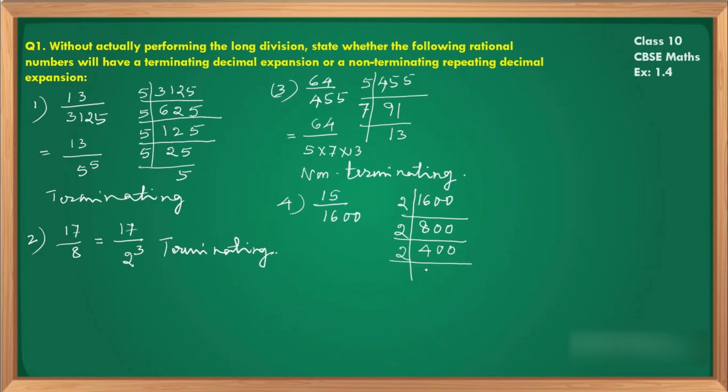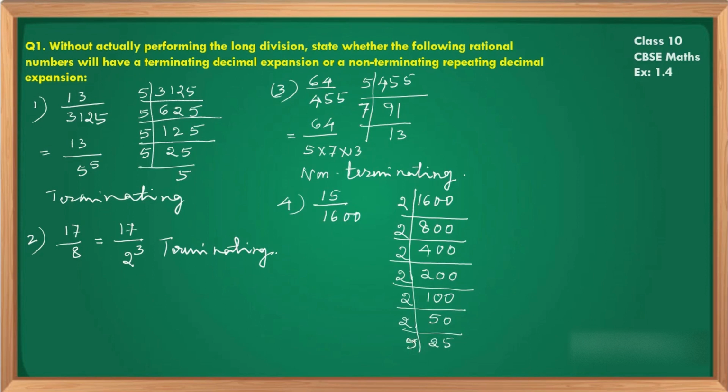Again by 2, 2 twos are 4 and 2 zeros. Again by 2, 2 ones are 2 followed by 2 zeros. We can divide this number again by 2. 2 into 50 gives you 100. 2 into 25 gives you 50.